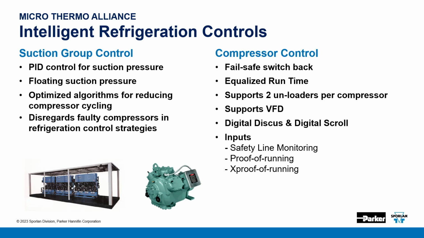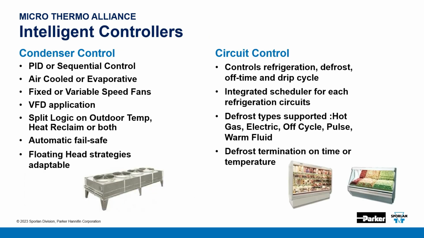We then will send an X-proof alarm out, but at the same time, the algorithm is smart enough to know that number 2 compressor is going to constantly stay on until it's fixed, and then we can shuffle the deck of the remaining compressors to meet the load, understanding that compressor 2 is going to continue to run constantly.